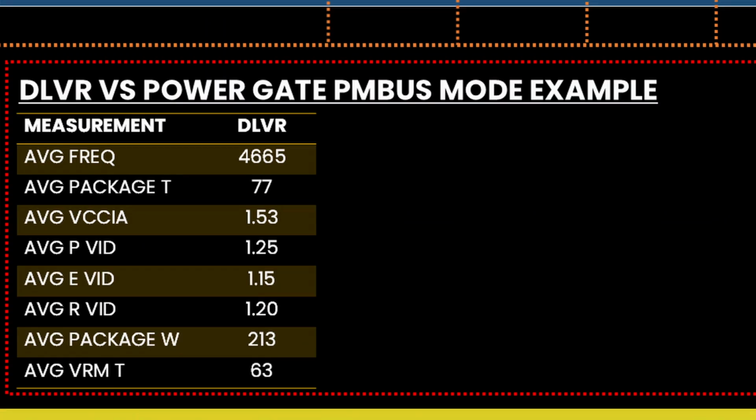We can interpret this as follows. The P-core, E-core, and ring request a voltage to the PCU to ensure it'll run 1.25, 1.15, and 1.2 volt respectively. The PCU then adds compensation for the load lines, CEP, TVB, AVX, ACLL, DLVR efficiency losses, and so on. At the end of the calculation, the PCU determines the VCC-IA voltage rail should provide 1.53 input voltage to the DLVRs.